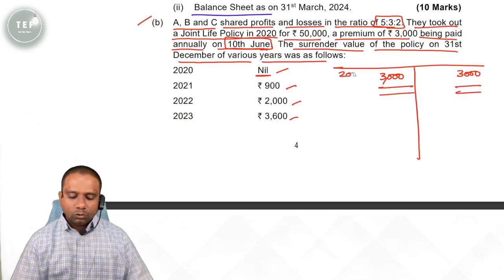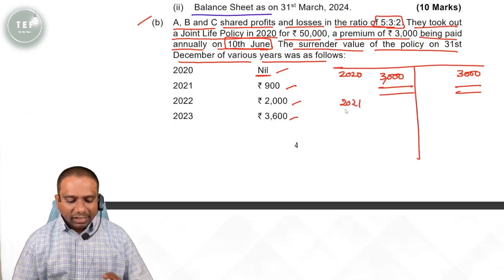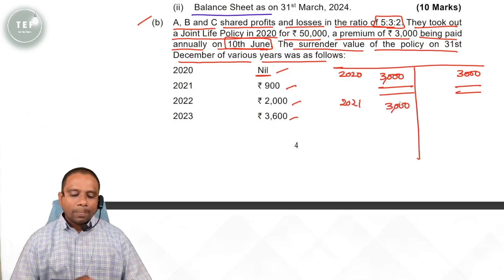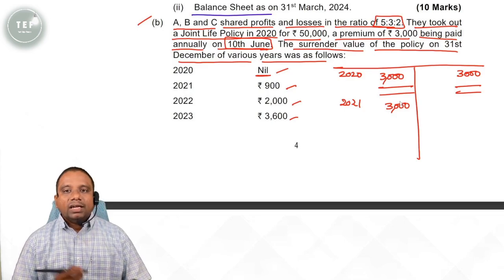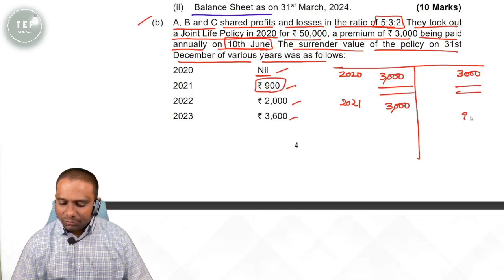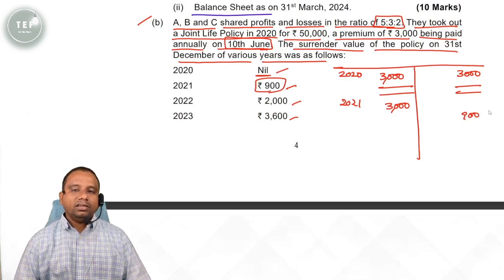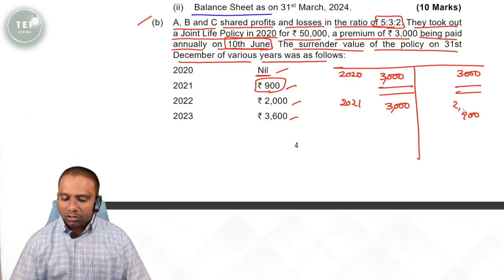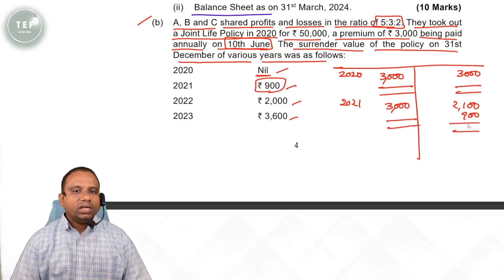This is 2020. Now come to 2021. Again we pay 3,000 rupees for the joint life policy. Yes or no, students? Yes. At the end of 2021, the policy has a surrender value of 900. Premium paid is 3,000 and 900 is the surrender value, so the total loss is 2,100. That is transferred to the P&L account.